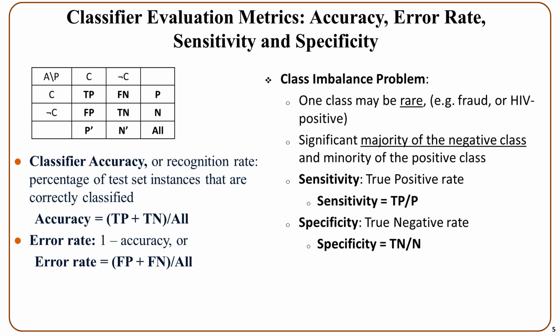So basically you sum all the true positives and the true negatives together and divide it by the number of all the instances. The error rate is 1 minus the accuracy. Or you can take the number of false positives and false negatives divided by the number of all the instances.